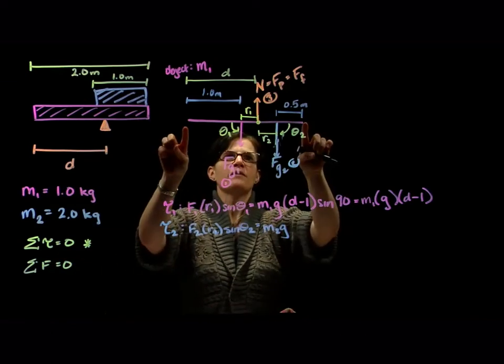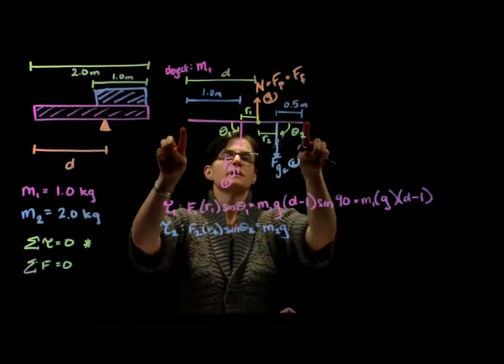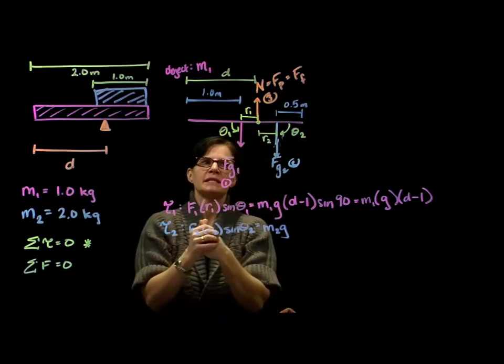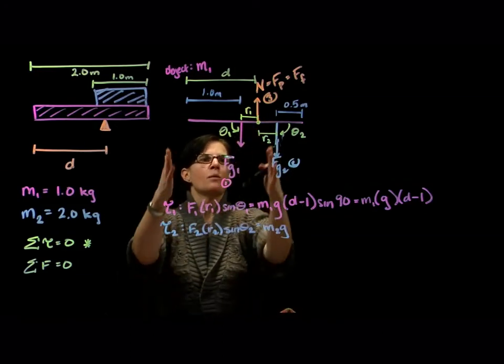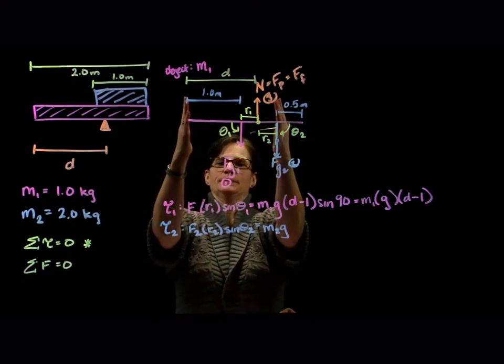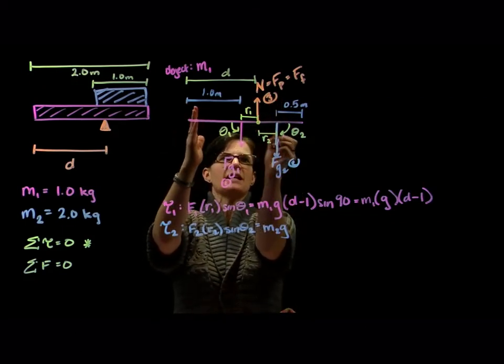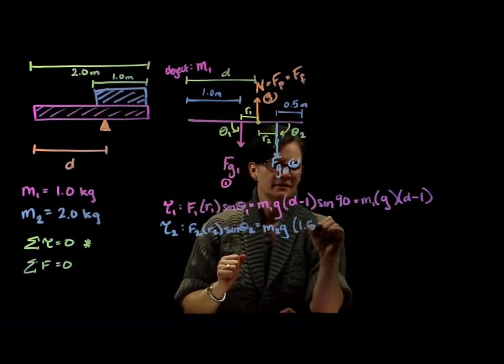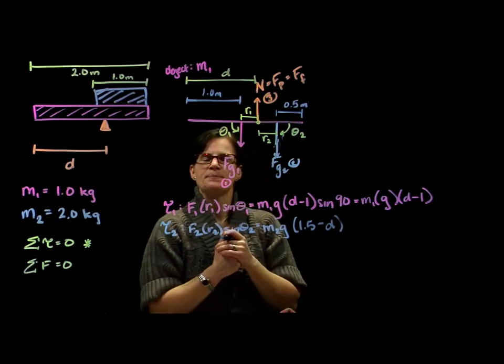If this is 0.5 meters and I want the distance d, how do I relate to the distance d? Well, what's left is 1.5 meters. So the radius is that 1.5 minus my distance d.